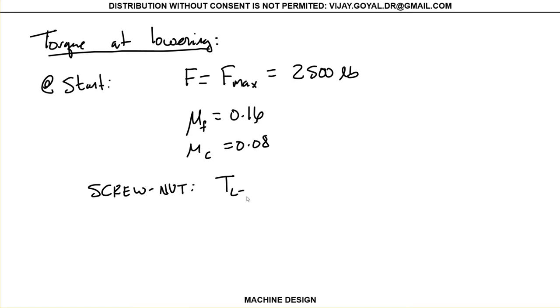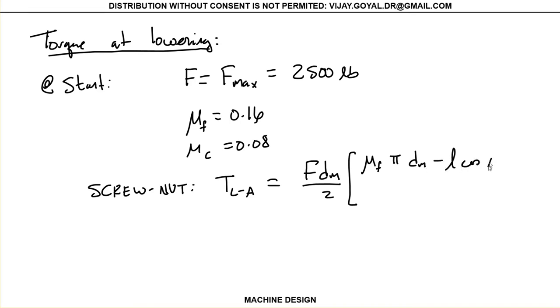So TLA lowering would be F dm divided by 2, times (mu F pi dm minus L cosine of alpha), divided by (pi dm cosine of alpha plus mu F L).